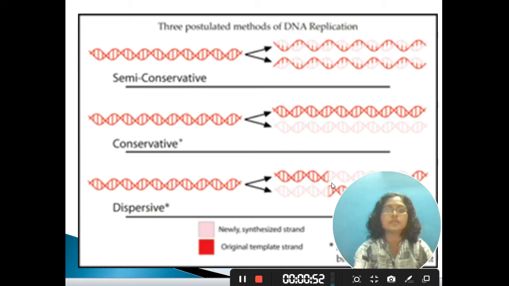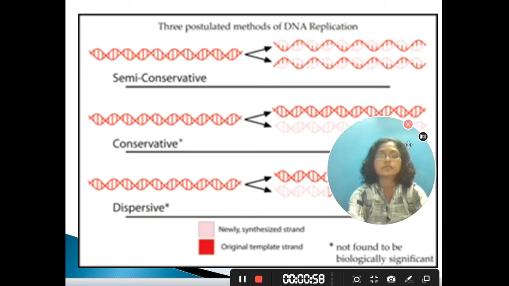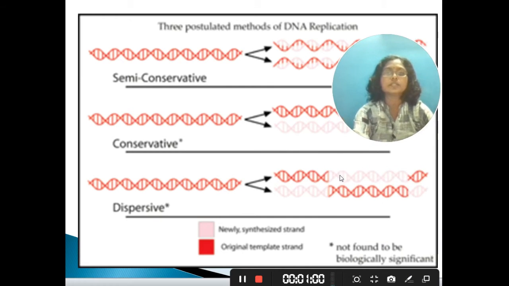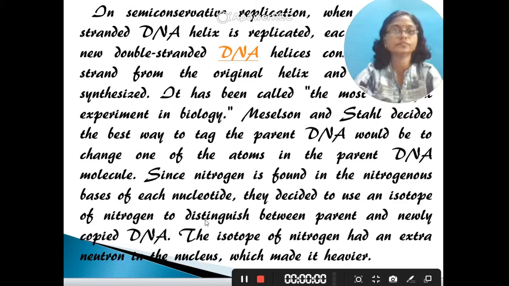So in this way you can see that the two daughter cells contain fragments of double-stranded DNA from the parent and the newly synthesized one.